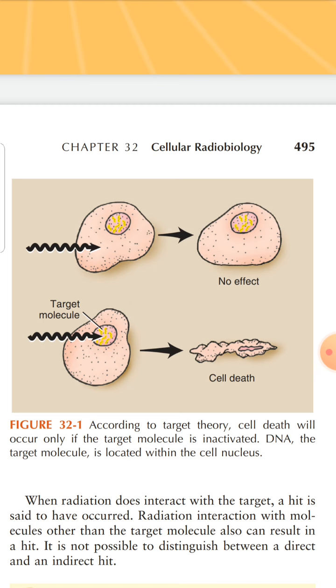But if the target molecule, the DNA, is irradiated by the radiations, then cell death can result, because this is the only, or we can say the major, functional molecule to work for the cell, and there will be no substitute available. So ultimately cell death will result.